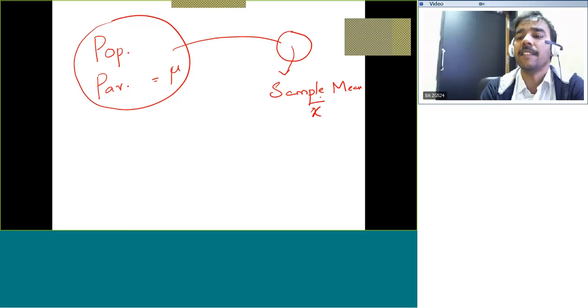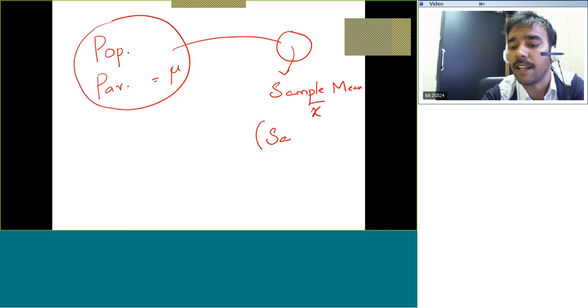But the surprising thing is that different samples may produce different x bars. So that is the reason the sample mean x bar, which I'm simply calling a sample statistic, is not a constant. It is a random variable. It varies from sample to sample.